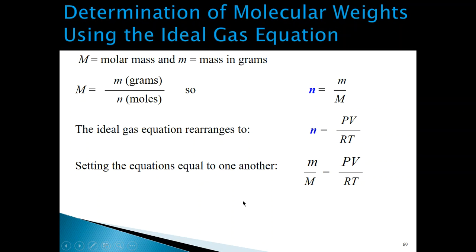Then when we rearrange it to solve for the molar mass, we get this equation. We can use this equation to calculate the molar mass of a gas if we have all these terms. So that's one useful equation for determining the molar mass, and as I said before, it comes from the ideal gas equation.